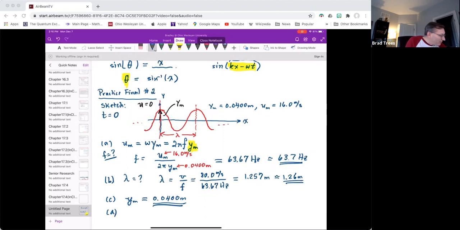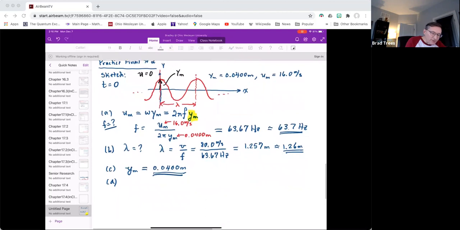D, what is the angular wave number, K, including units? Here, amongst the many useful formulas for sinusoidal traveling waves, you need to know the relationship between angular wave number K and wavelength lambda. It's that. K equals 2 pi over lambda.